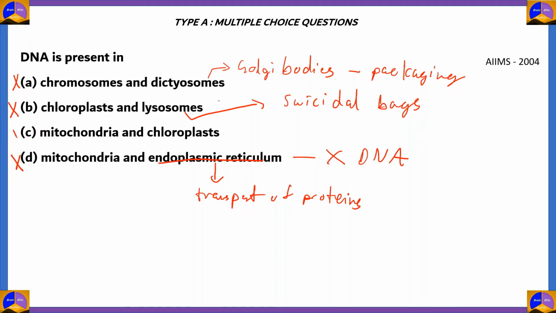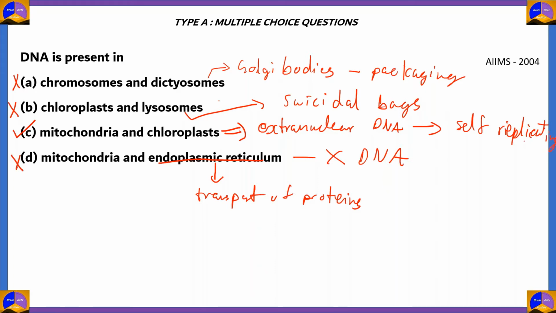Therefore, the right answer is option C, mitochondria and chloroplasts. But wait, you might think mitochondria is used for producing energy and respiration, and chloroplast is used for photosynthesis. These have extranuclear DNA, which is due to the fact that they are self-replicating, because mitochondria and chloroplasts are descendants of symbiotic prokaryotes in a eukaryotic cell.